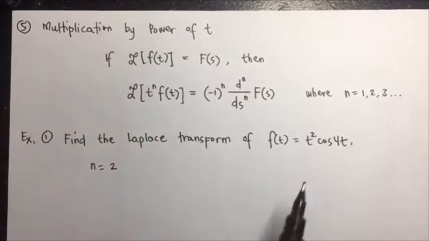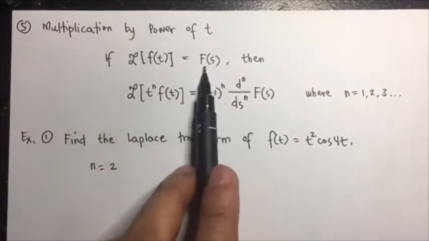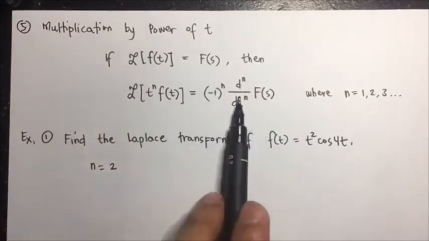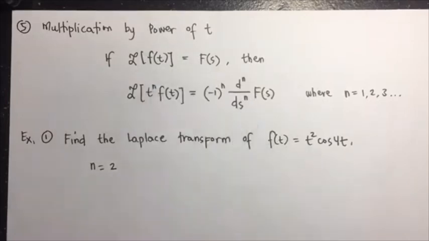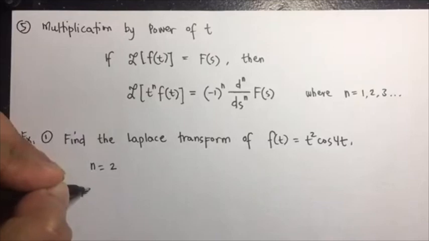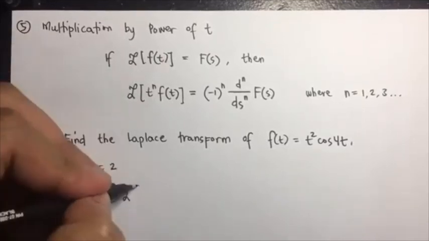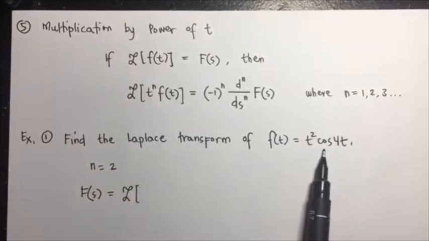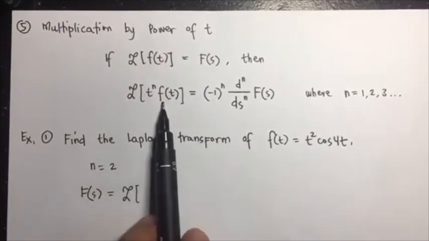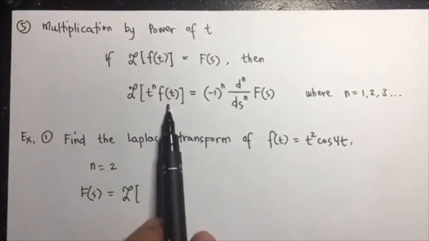We have to find F of s because later on we have to differentiate that. Our F of s should be the Laplace transform of this part, cosine 4t, because that is the f of t in the formula.